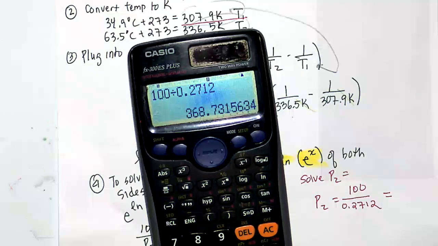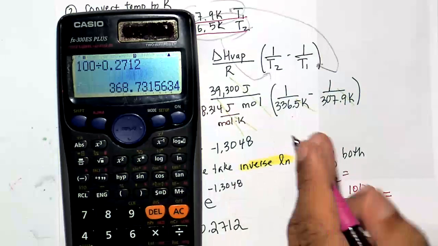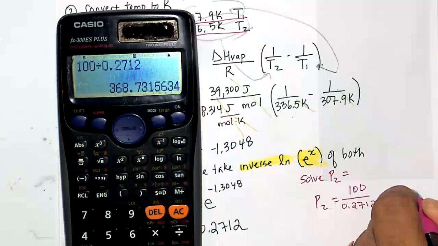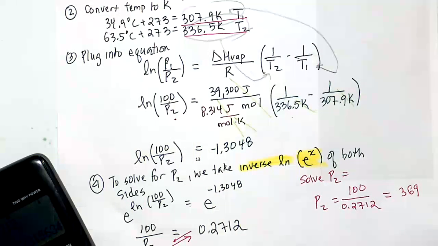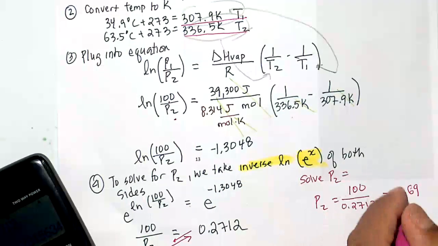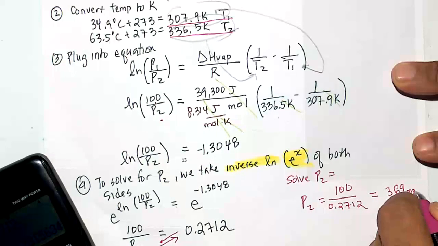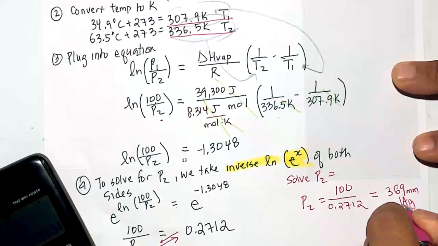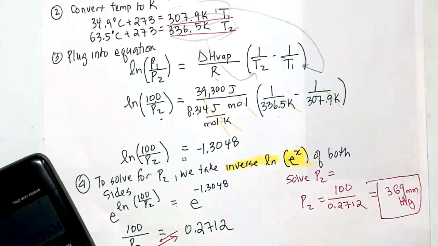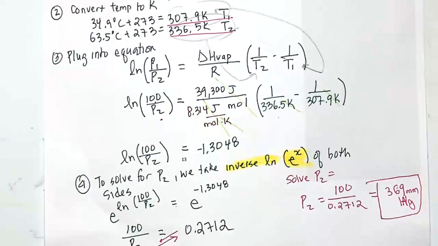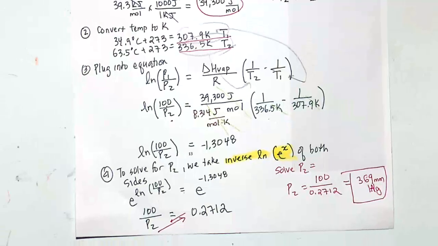About 368.7. We'll just go with 369. And what do we need to do here? Don't write 369 alone by itself. What do we need to add? The units, in millimeters of mercury. Good. So this is our answer.